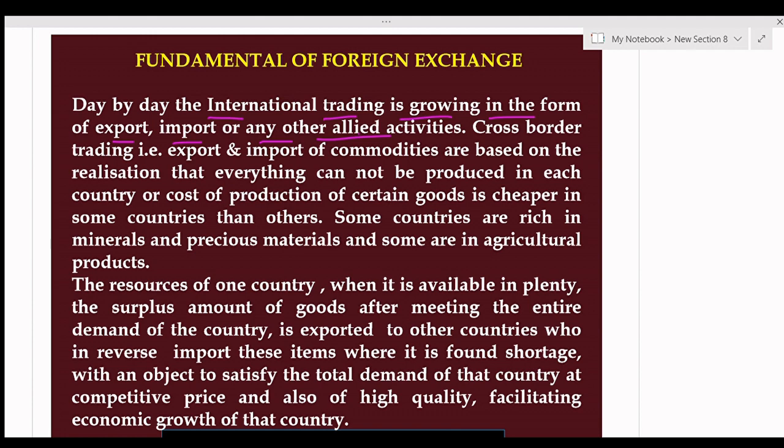These are all allied activities which involve foreign currency transaction.